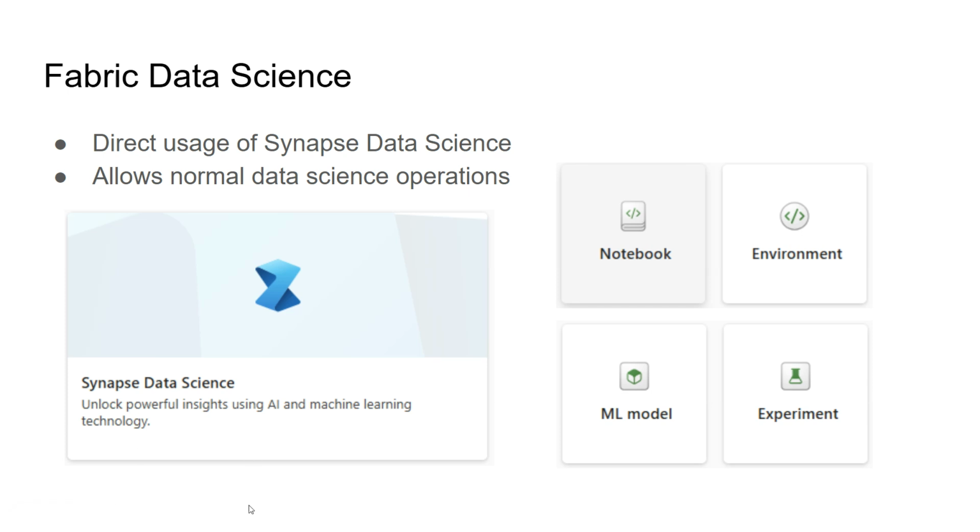But it does add some new flavor, such as machine learning model and experiment, and also environment. Environment is actually universal to both data engineering and data science, but environment is more important in the data science world.